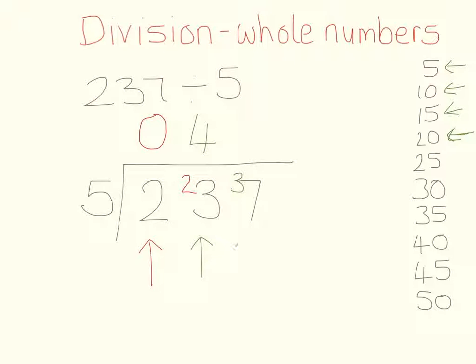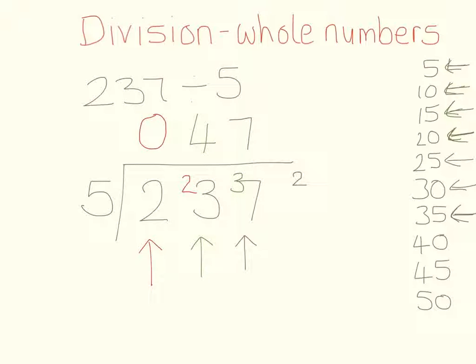I'm going to look at this one now. This becomes 37. The closest I can get is 35, which is 1, 2, 3, 4, 5, 6, 7 groups. Okay, now I still have a remainder. I have 2 left over, so I'm going to just leave it hovering there.